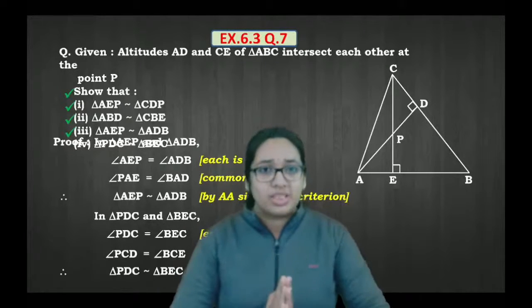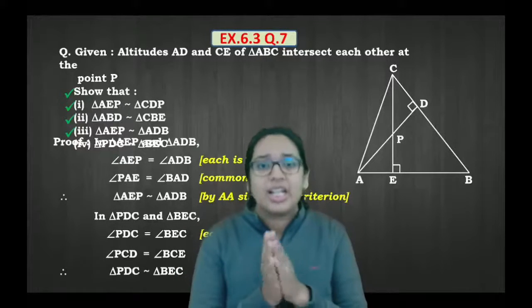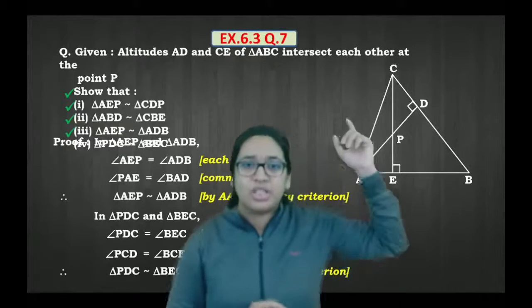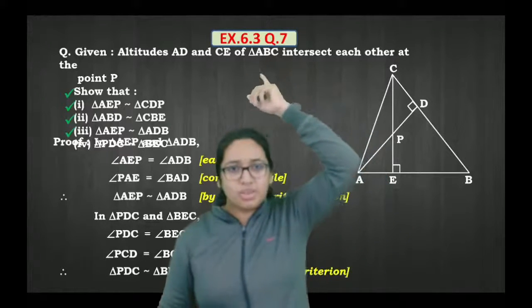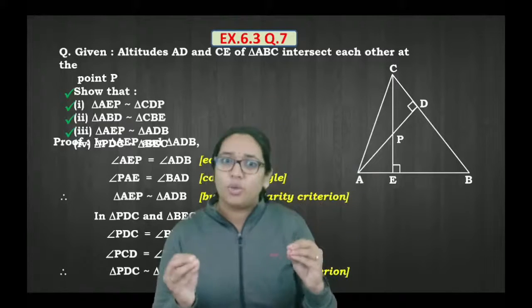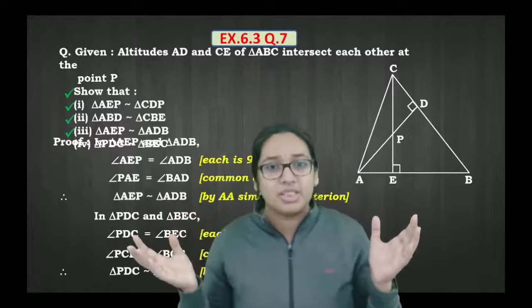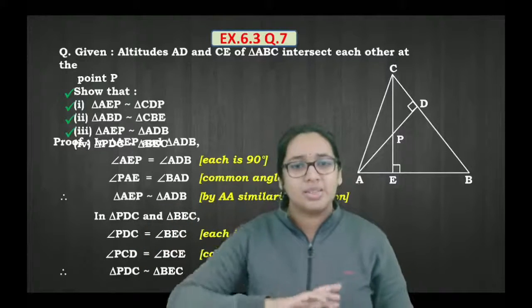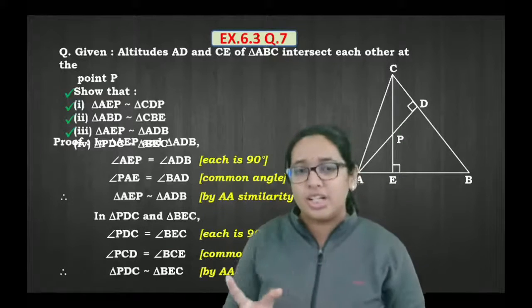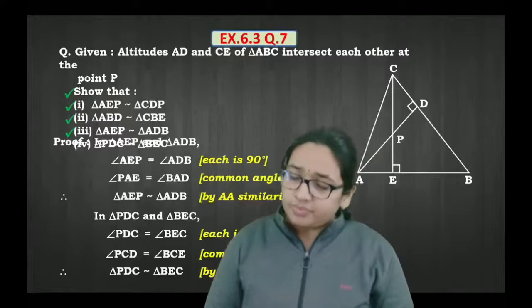Second important one is that AD and CE are altitudes. अगर जब भी आपको altitudes के बारे में बोला जाता है then obviously आपको 90 डिग्री मिलेगा. 90 डिग्री के केस में आप अगेन फिर each of 90 डिग्री ये यूज कर सकते हो.